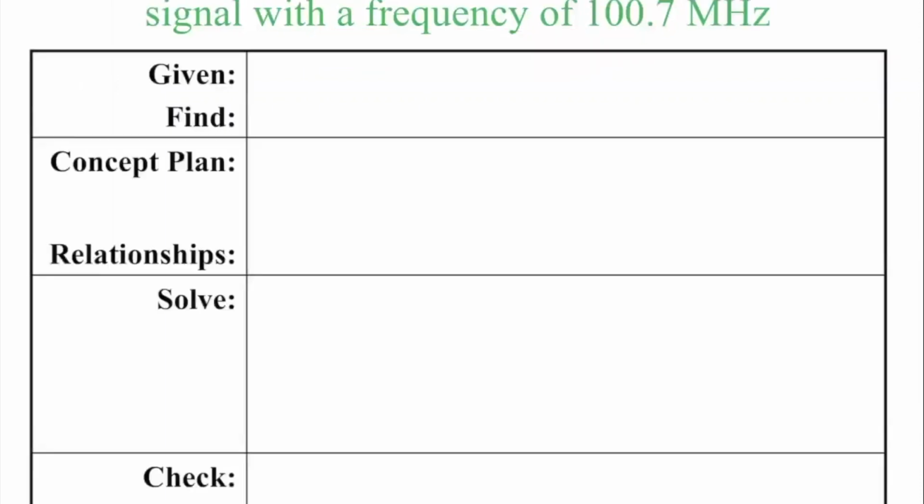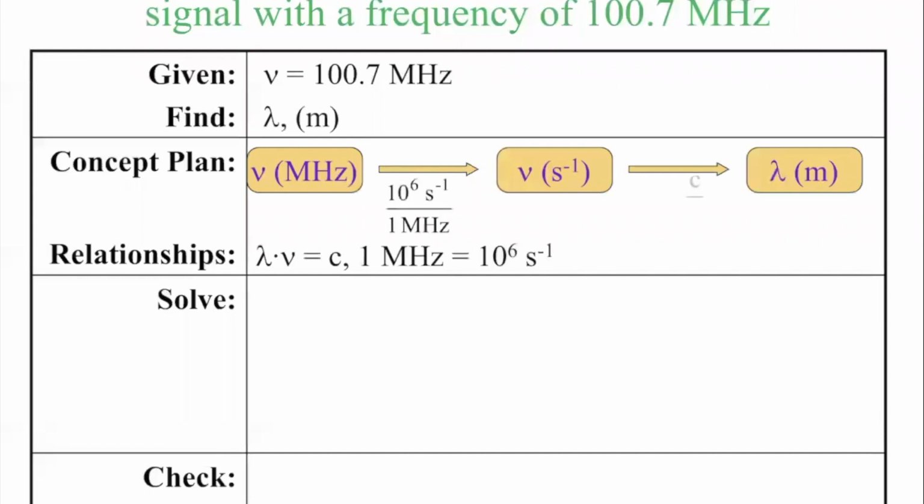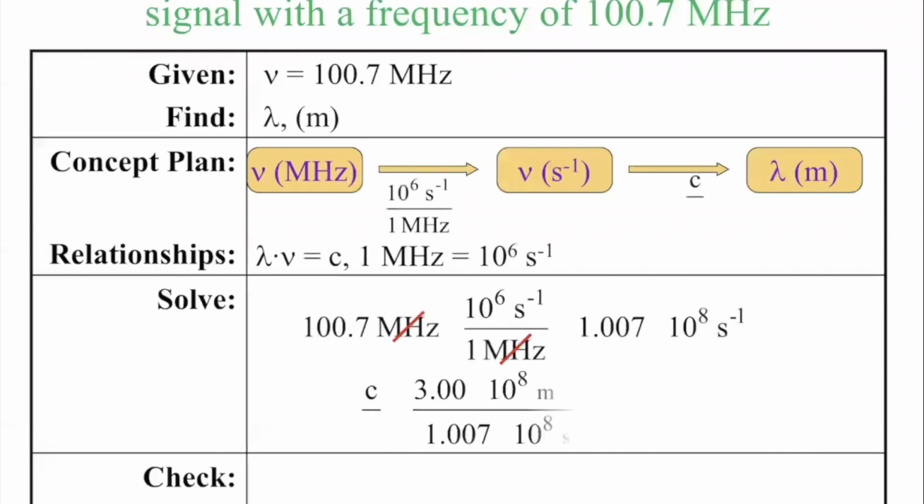Here's your answer. So if for some reason not everything is coming, but this is lambda equals 2.98 meters.